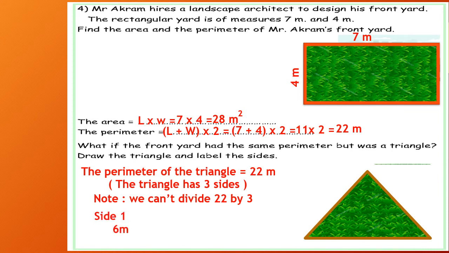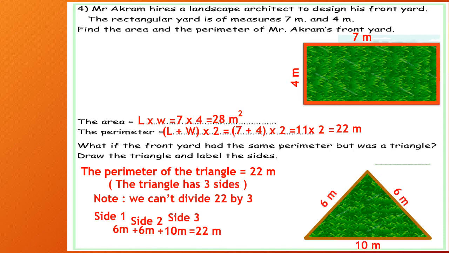So the first side will be 6, the second side 6, and the third side 10 meters. If we add 6 plus 6 equals 12, 12 plus 10 equals 22 meters.